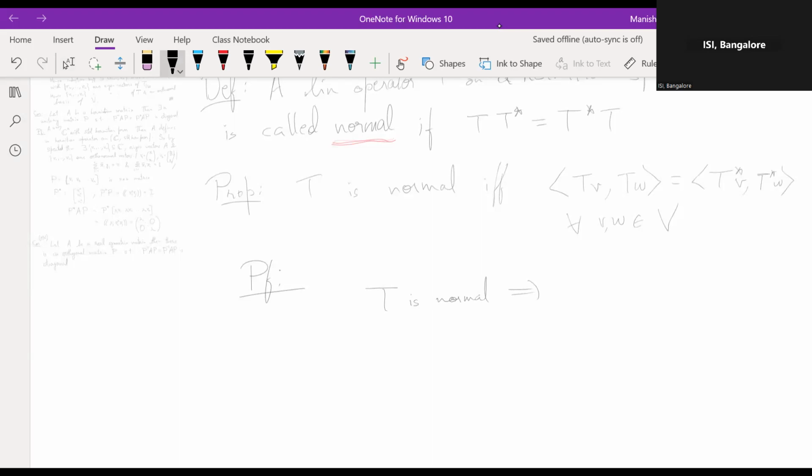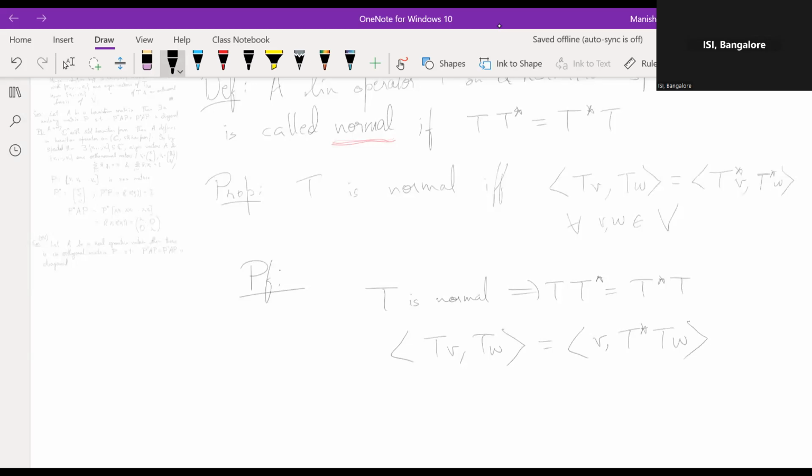This implies T T star is the same as T star T. Now we want to prove that the inner product of TV and TW, by definition of adjoint, is the inner product of V and T star TW.